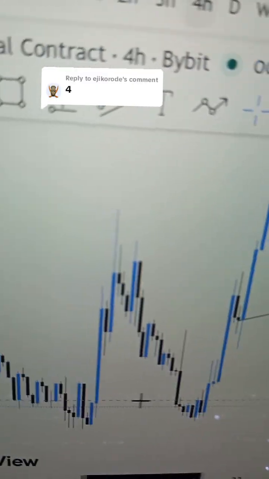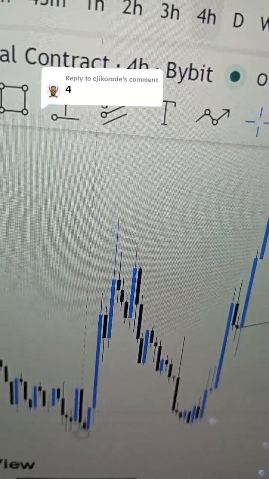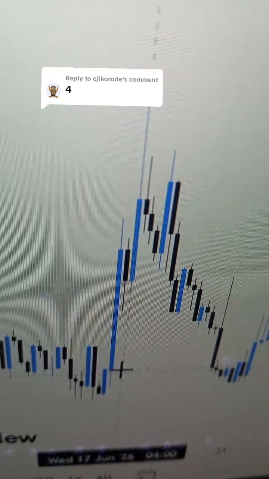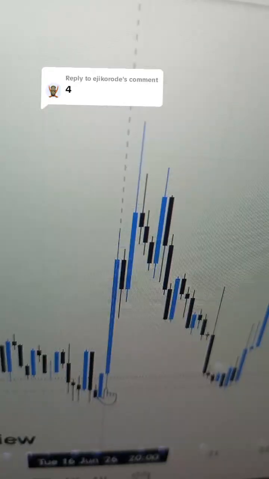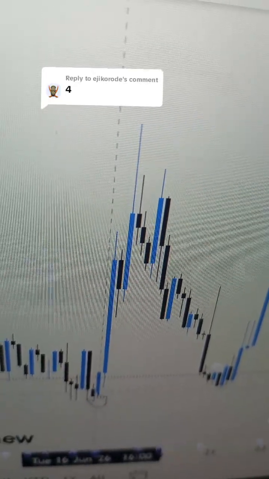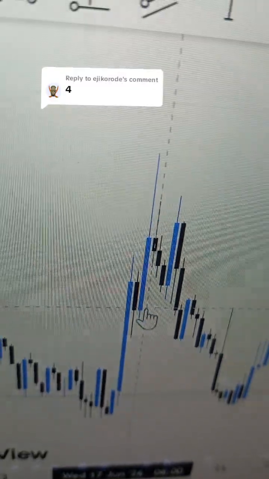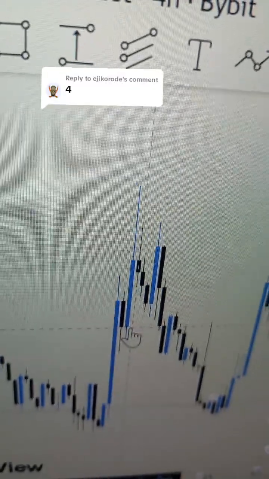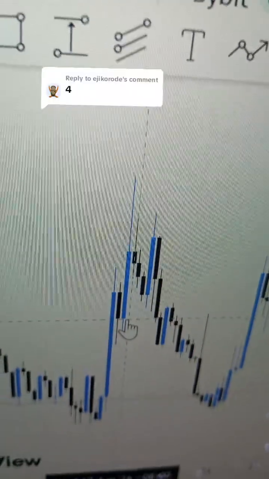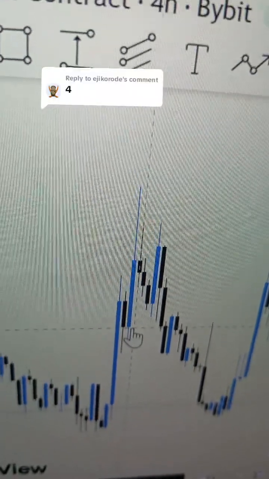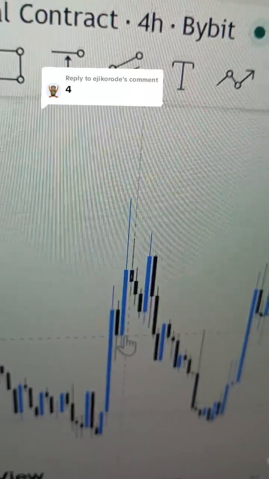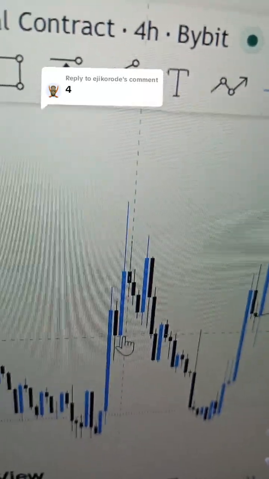So this is an order block right here. This is the last order block before this particular movement. Check what price did here. This particular candle came and traded into this order block and pushed all the way up, and some people are going to call it mitigation, that this order block has been mitigated. But there is a difference between tested and mitigated.